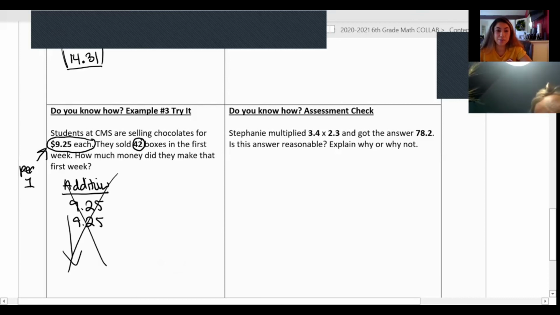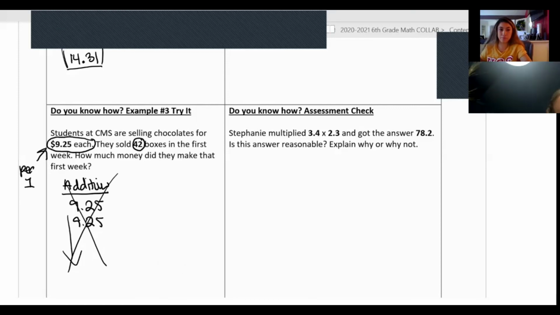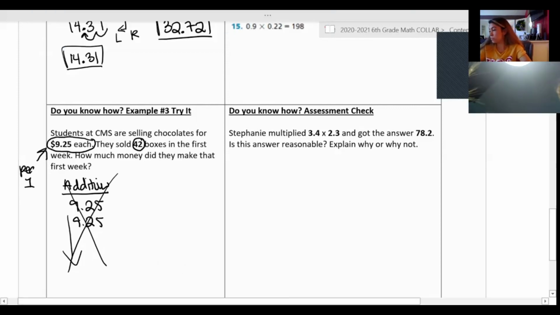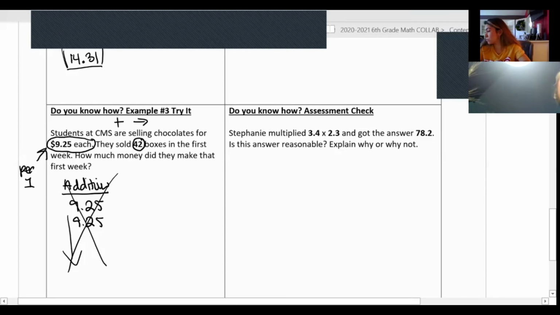No, right? So what is another operation we can use? What's the inverse operation, right? Another way, a shorter way, to find any addition problem is to use multiplication, okay? So you simply would be able to multiply that box price, which is $9.25, times 42 boxes.